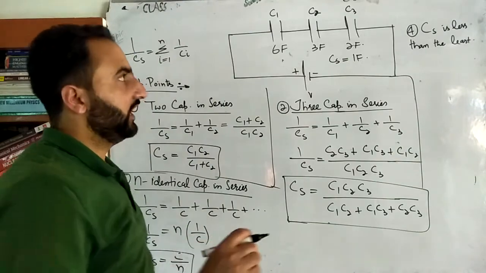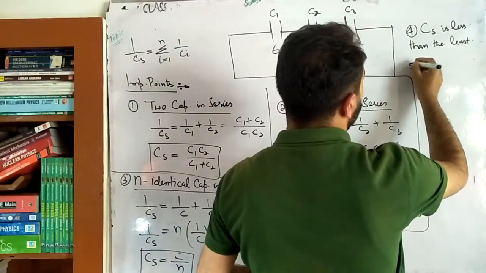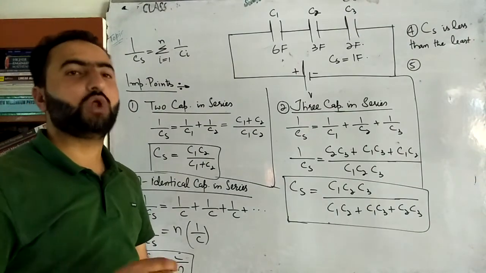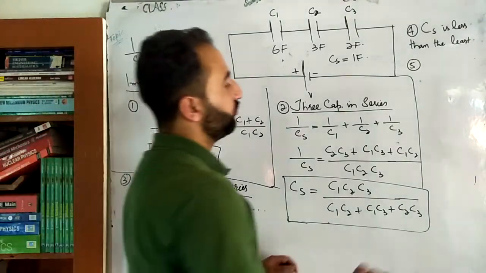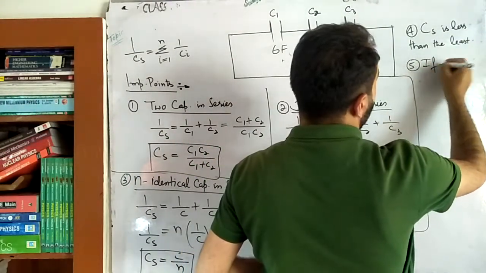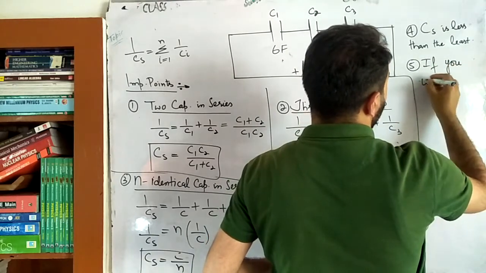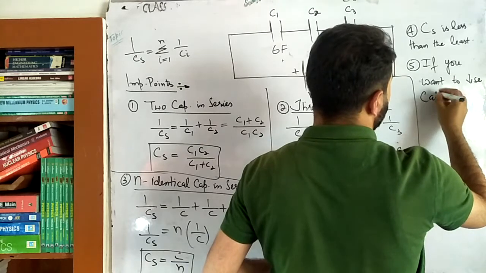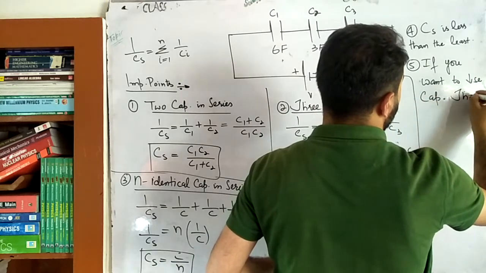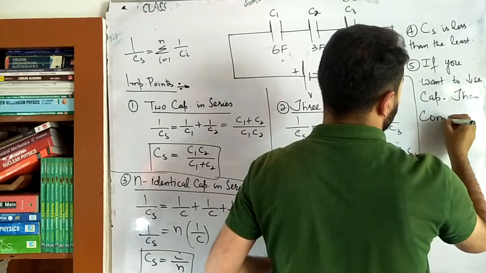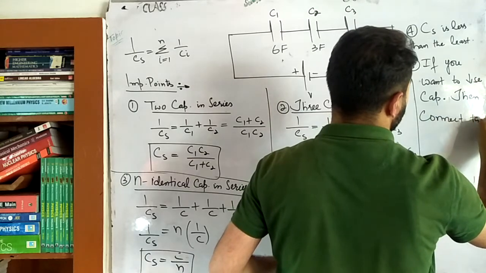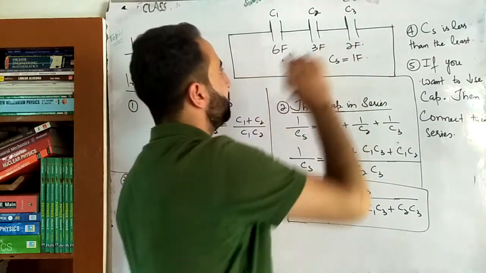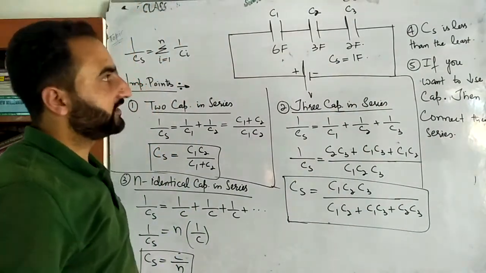And then one more point, point number 5, is that if you want to decrease the capacitance, then connect the capacitors in series. For example, these are 3 different capacitors: 6 farad, 3 farad, and 2 farad.